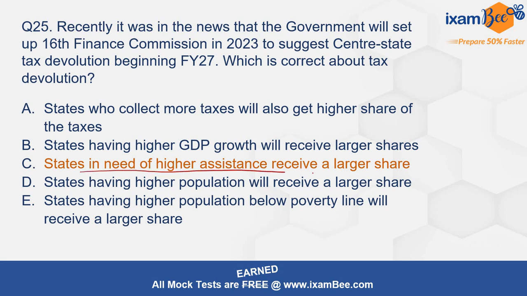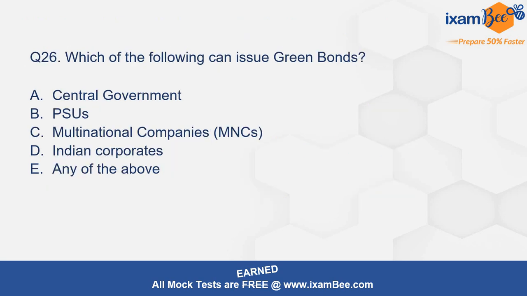So this is the correct one: states in need of higher assistance receive a larger share. Sometimes there is a lot of debate on this because some states want to stay poor so that they continue to receive higher assistance. Those who are doing well, those who are growing, should be incentivized. So you should know these kinds of discussions, especially for your descriptive part.